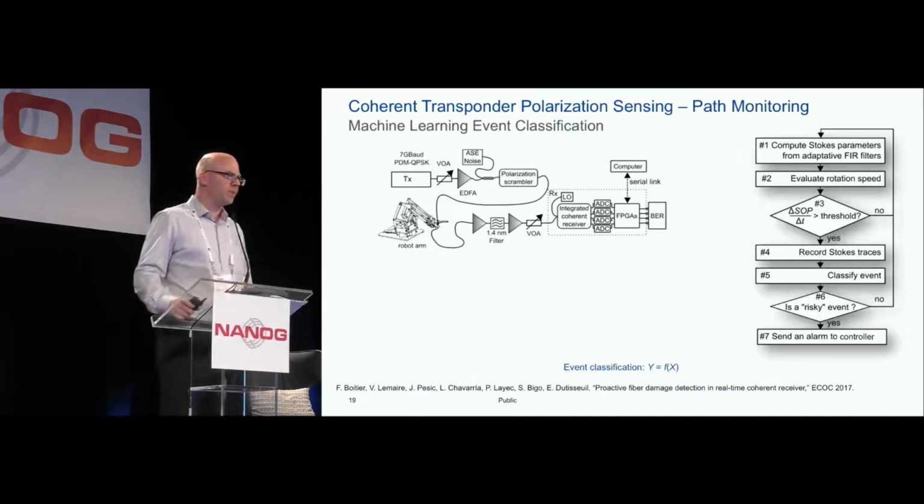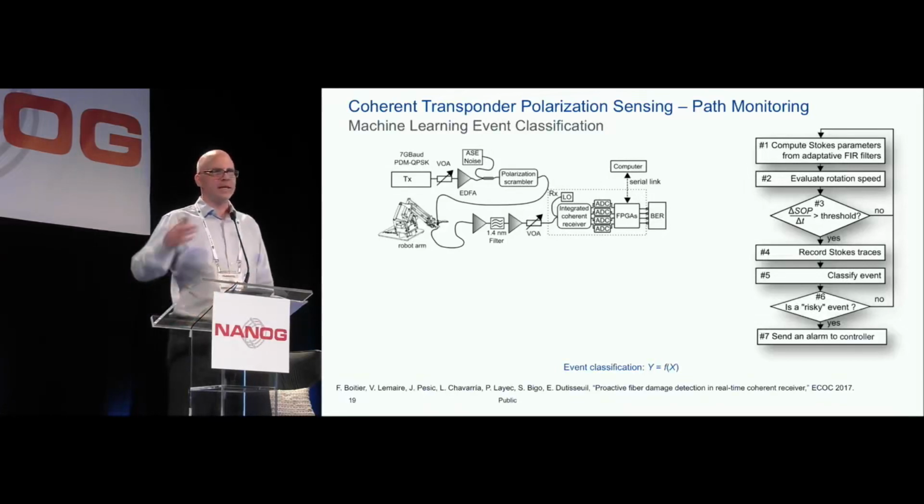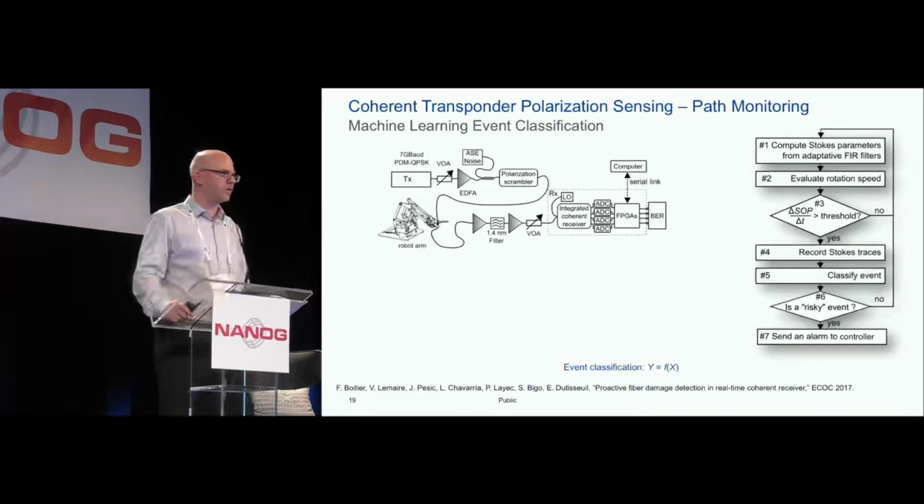So they use the Stokes parameters that describe the polarization that comes out of the digital signal processor at the receiver, out of the FPGA, and evaluate the polarization rotation speed. If it's rotating fast enough, above a threshold, then you can record the Stokes trace, and then they did some machine learning in order to classify the event.